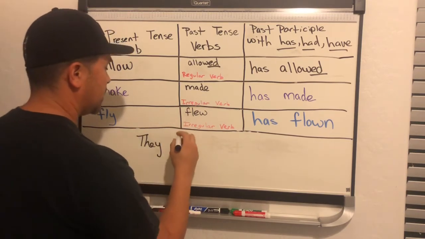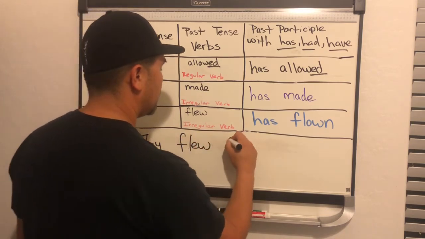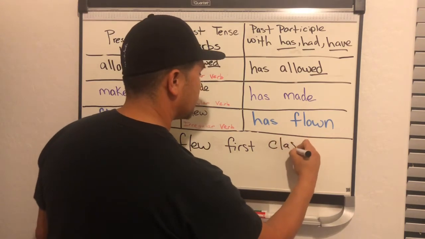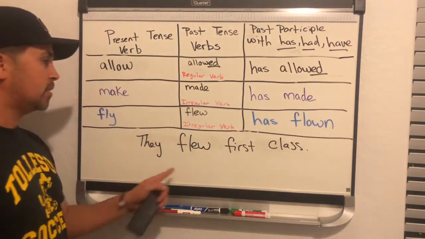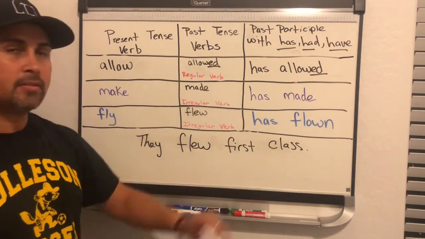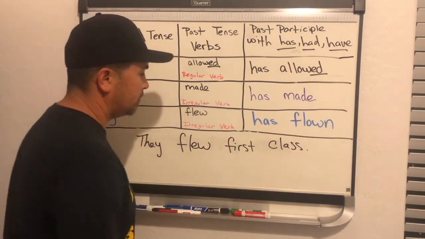I would just conjugate it here. It's an irregular verb, so it's actually flew. They flew first class. Simple sentence there, right? It's written in the simple past. They flew first class. This is my subject, this is my verb, this is my complete idea.